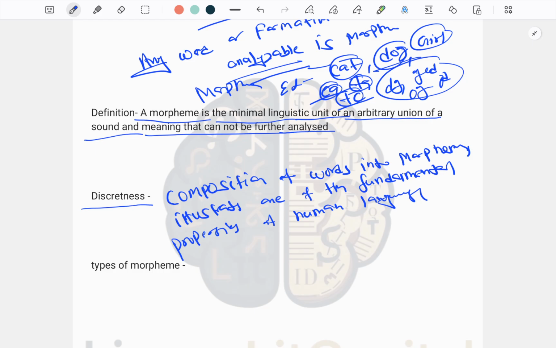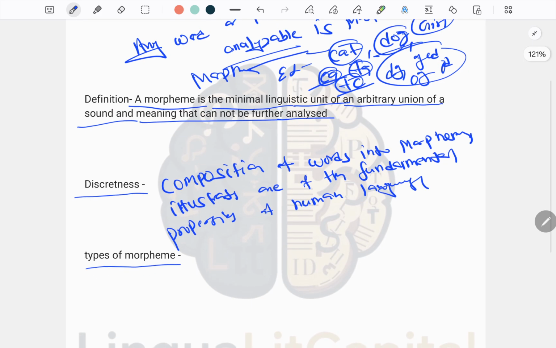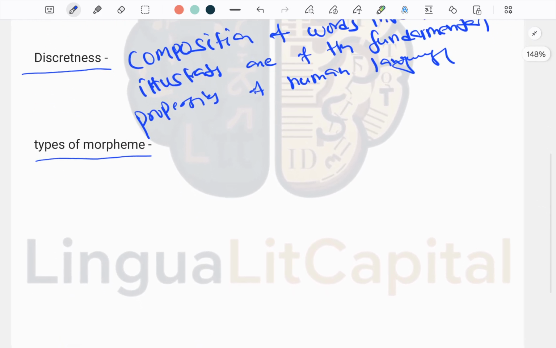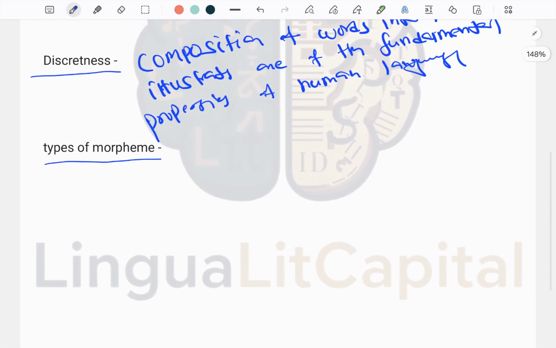Now, what do we talk about? That is the types of morphemes. When we do not have any further information or knowledge about the words, then we directly know that these are only words, and we analyze them in the form of a free morpheme.